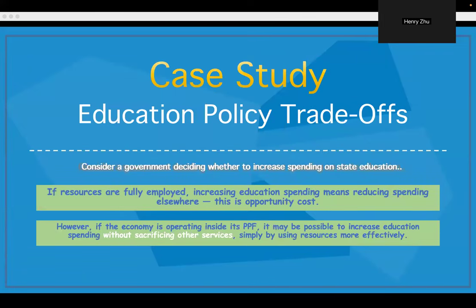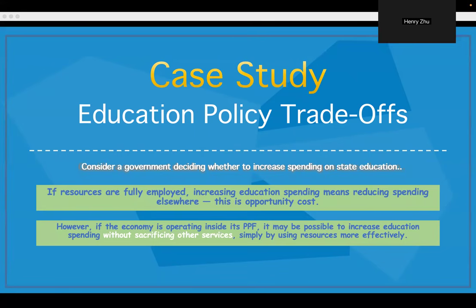Now, let's apply this to a real world example. Suppose a government wants to increase spending on state education. If the economy is operating on the PPF, this means resources are fully used. So increasing education spending requires reducing spending elsewhere. This is opportunity cost in action.